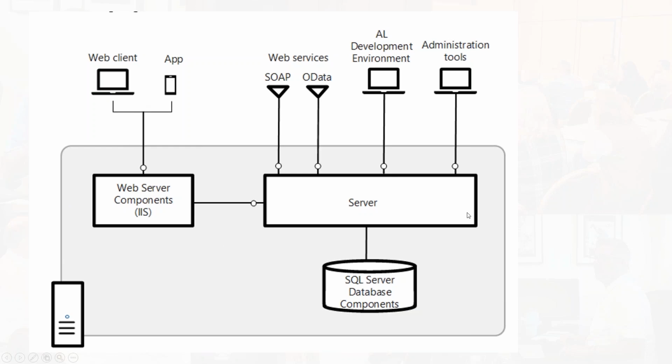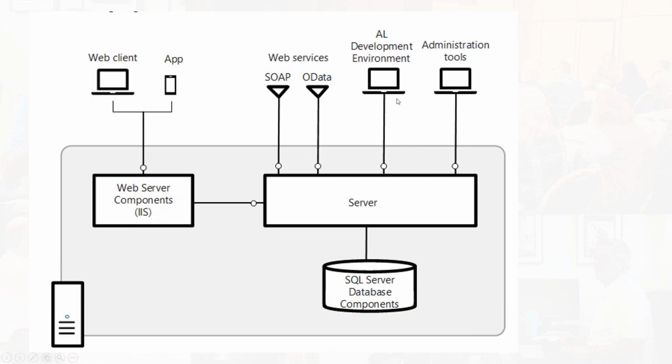You have the server, which is really the Microsoft Navision service tier if you're used to the architecture currently. This is where the IIS connects to your SOAP and data web services, the development environment, which I'll come back to, and then your administration tools. Then even further removed from that, down here at the bottom is the SQL Server database components, which again, Microsoft is managing, and there is no direct connection to that now.